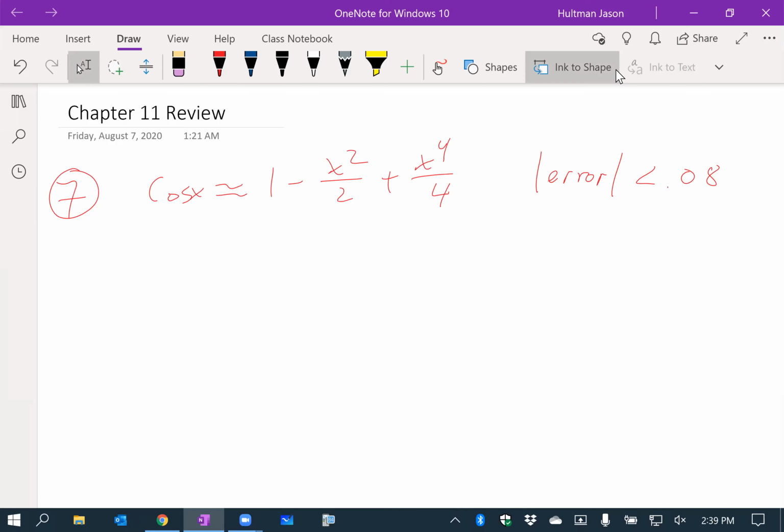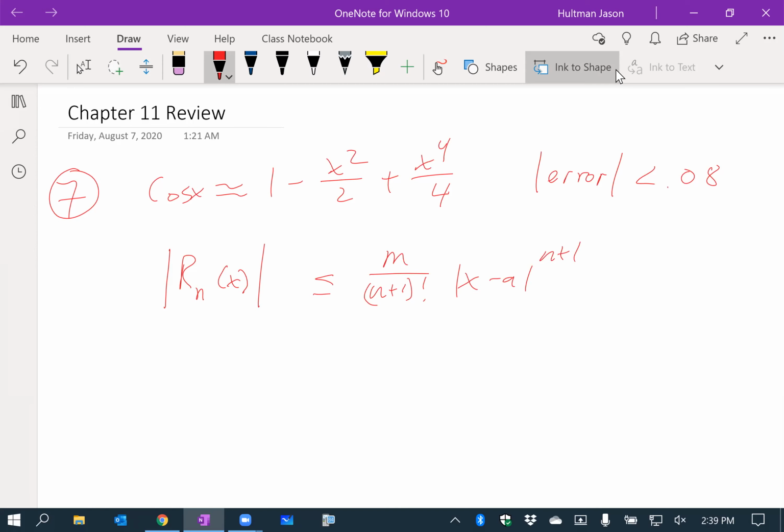Okay, so again, what I'm going to do is write out the extra terms, because remember, how do we find the error? It's R sub n of x, which is less than or equal to M over (n plus 1) factorial times absolute value of x minus a to the n plus 1 power. Right, it's less than the next term.